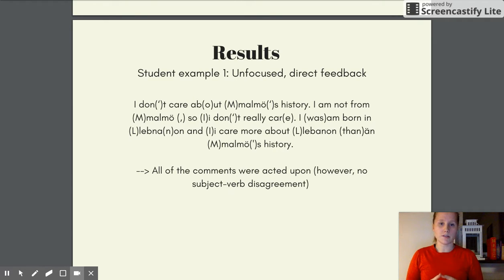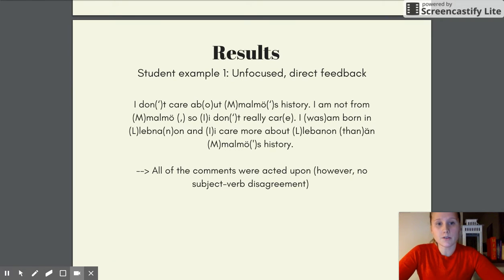Unfocused in this sense means that I gave them the right answer not just on capitalization and subject-verb agreement or disagreement. I gave them the right answer to all of the errors in their texts, which could be quite confusing, I realized in the end.